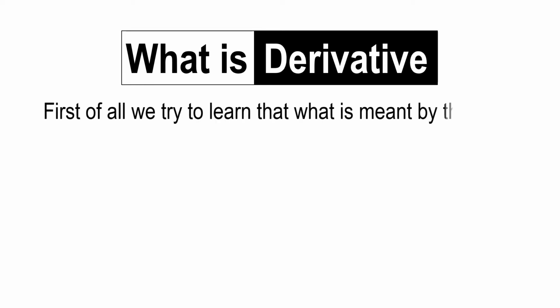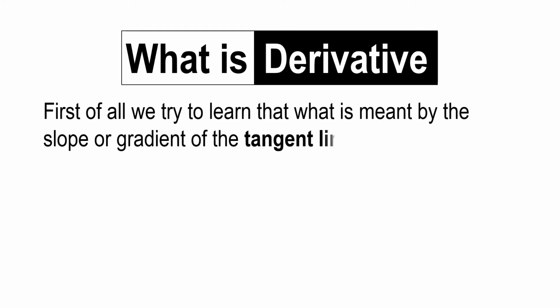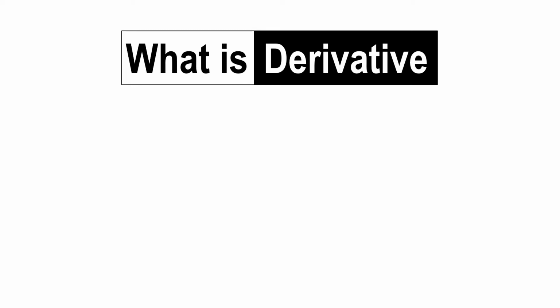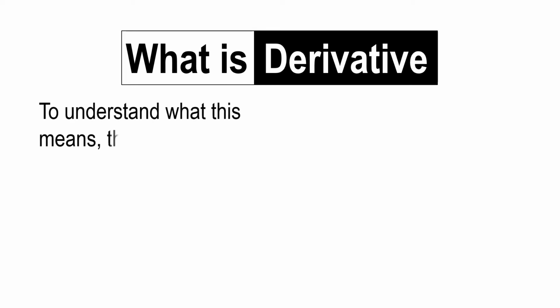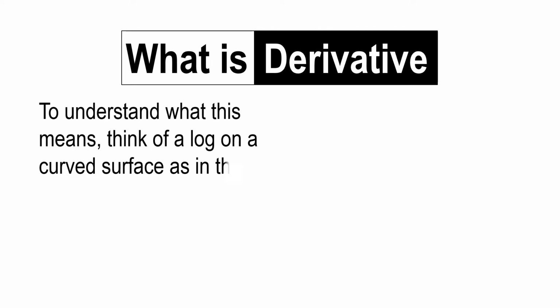First of all, we try to learn what is meant by the slope or gradient of the tangent line. To understand what this means, think of a log on a curved surface as in this figure.